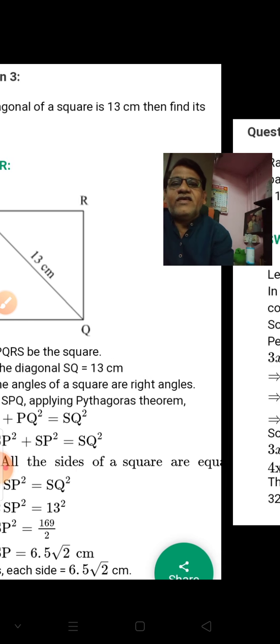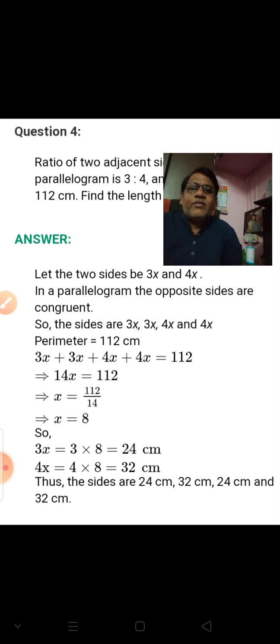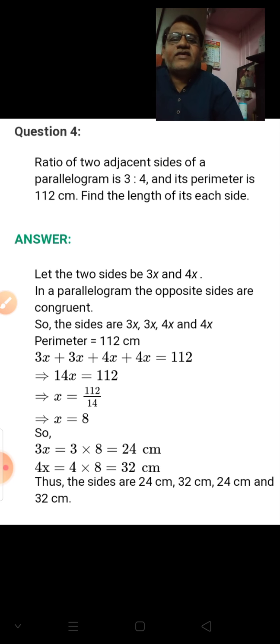The question number 4 is: the ratio of two adjacent sides of a parallelogram is 3:4 and its perimeter is 112 centimeter. Then find the length of each side.